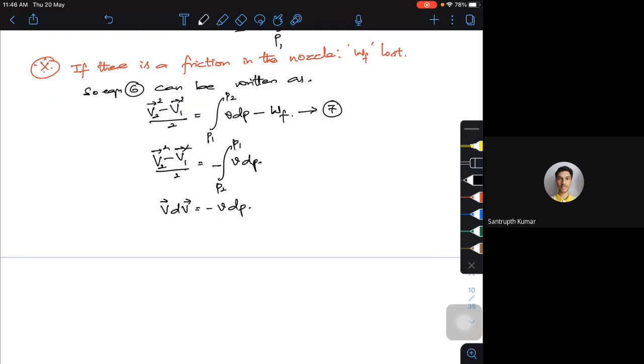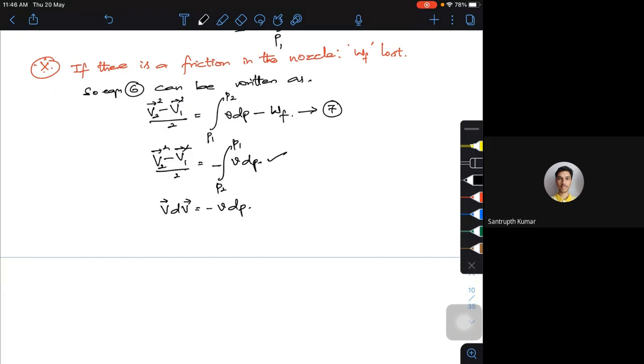If I divide both the sides by V square, V square will be there at the bottom.